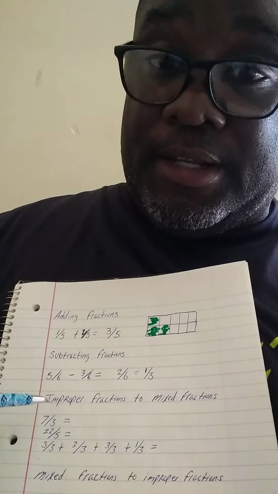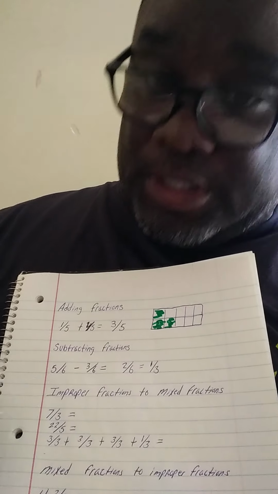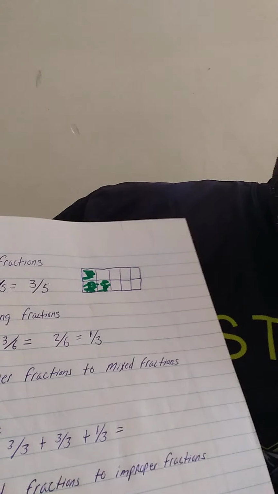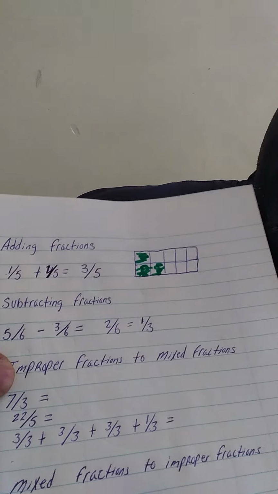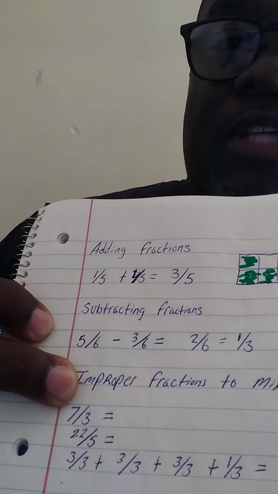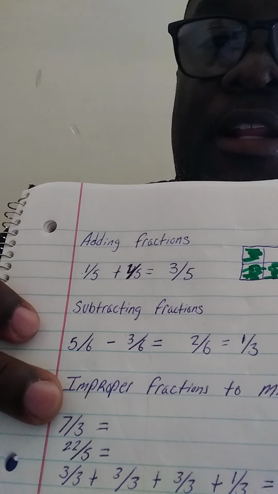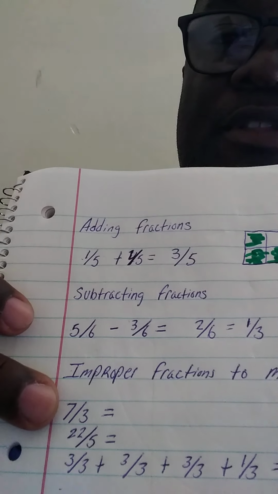Moving on down here, you can see we have our improper fractions to mixed numbers. Now right here, we have 7/3. What would 7/3 be as a mixed fraction? I'm going to write it down, then you write it down on your paper. 7/3.